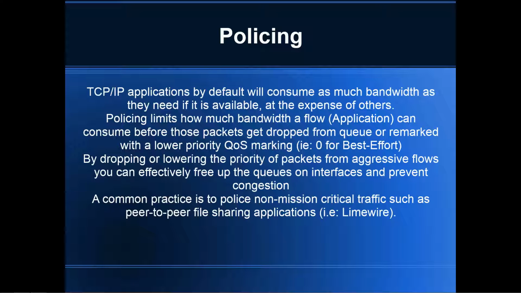Okay, so for policing, you can set applications and bandwidth restrictions for specific types of priority. For example, if it's going to be a peer-to-peer type file sharing application, this says LimeWire, but I don't think LimeWire has been used very much lately. But you could be looking at torrent traffic, for example.